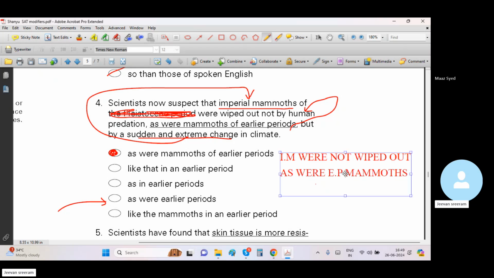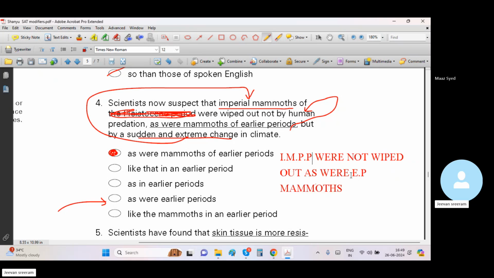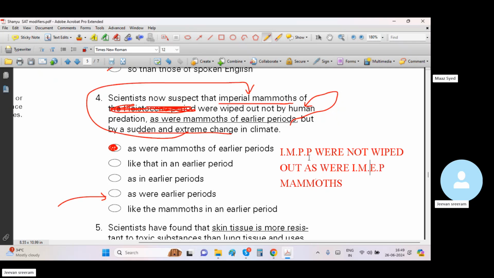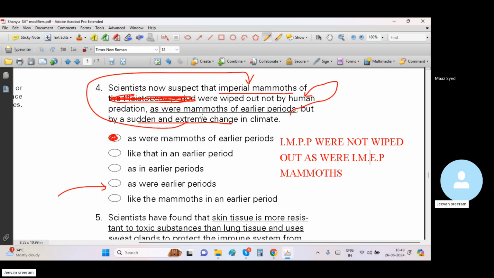Again, these are also imperial mammoths, but of earlier periods. Imperial mammoths of the Pleistocene period, and these are imperial mammoths of earlier periods. Imperial mammoths of the Pleistocene period were not wiped out as were imperial mammoths of earlier periods. Now this is correct.